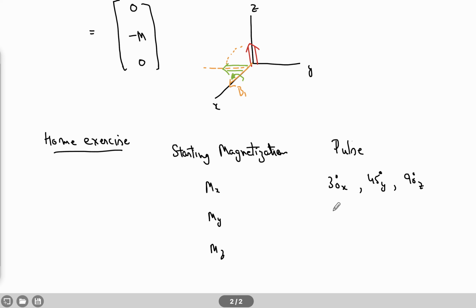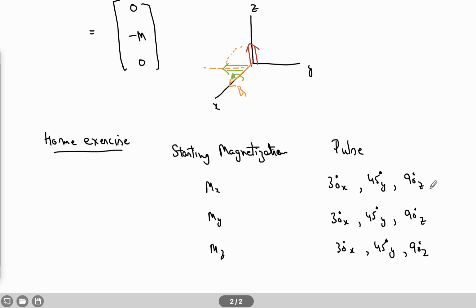Similarly for y, let's take the same angles. What happens to y? 30 degree x, 45 degree y, 90 degree z. So please calculate these rotations and see what is happening to the magnetization.